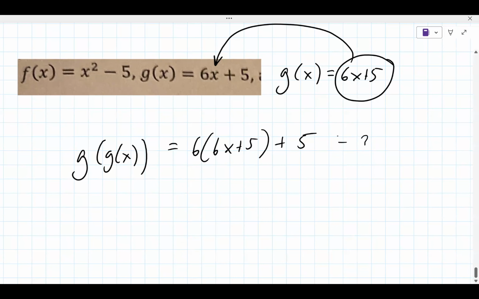Okay. Very good. Now could you find f of g of x for us? f of g of x, that would be x squared.